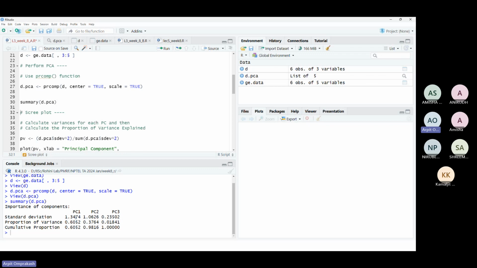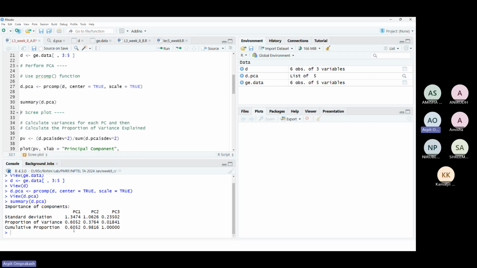So in a way, this is a representation of how much of the variance of your data is captured along this axis, right? Then it gives you the proportion of variance, which is how much of the total variance in your data is captured by PC1, how much is captured by PC2, which is 0.37 here, and PC3, which is 0.018.